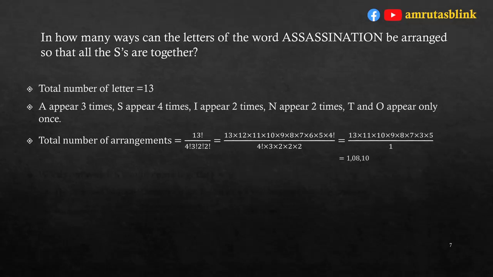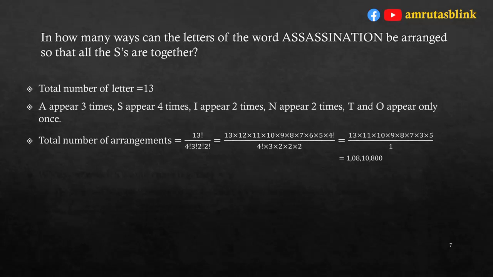So total number of arrangements will be 13 factorial upon 4 factorial for S, 3 factorial for A, 2 factorial for I, 2 factorial for N. That is 13 factorial upon 4 factorial into 3 factorial into 2 factorial into 2 factorial. Now we will solve this expression.